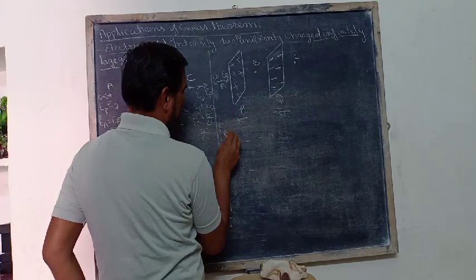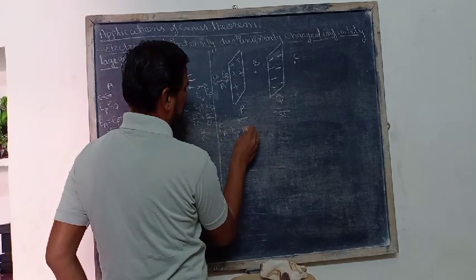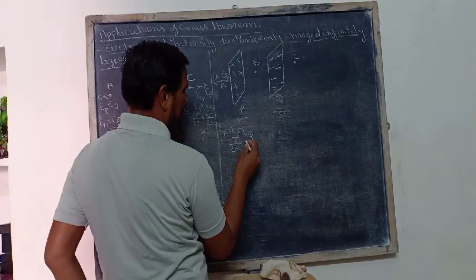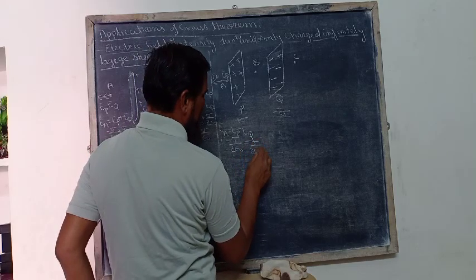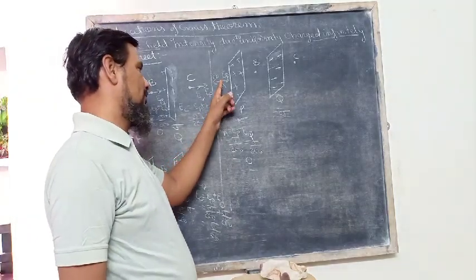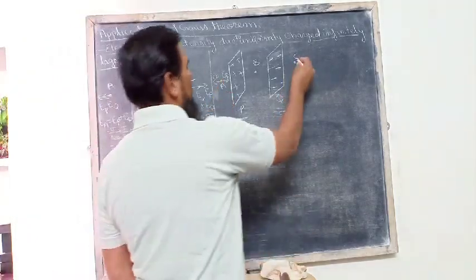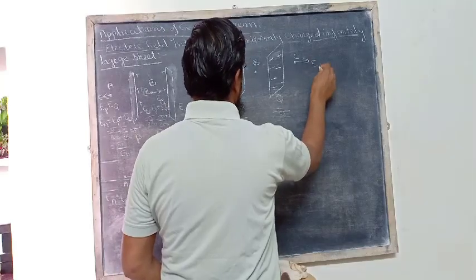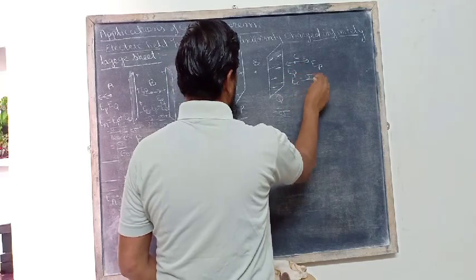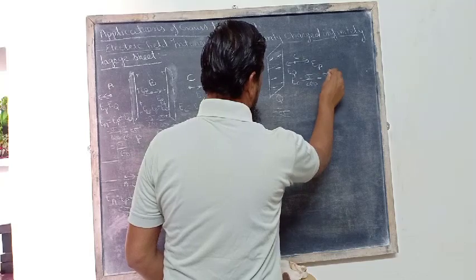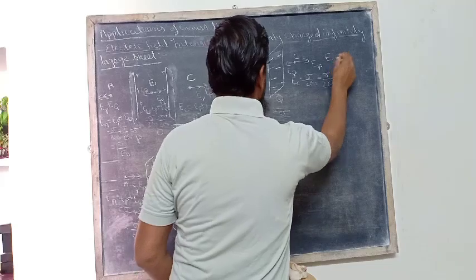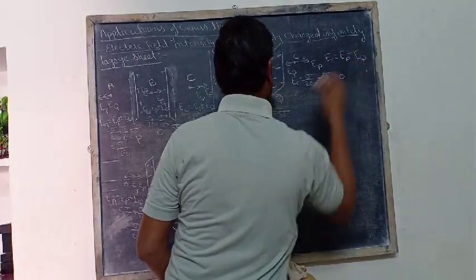So EA is equal to EP minus EQ. And the value we have is sigma upon 2 epsilon naught minus sigma upon 2 epsilon naught is equal to 0. So at this point, outside on one side of the plates, the electric field intensity is 0. In this case, the electric field intensity due to EP, this is EQ, and EC is equal to sigma upon 2 epsilon naught minus sigma upon 2 epsilon naught, and it will be equal to 0 because EC is equal to EP minus EQ.